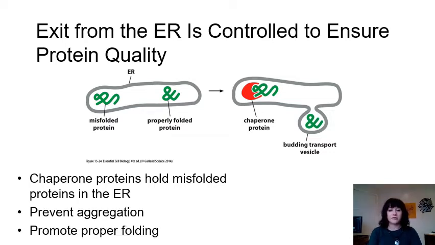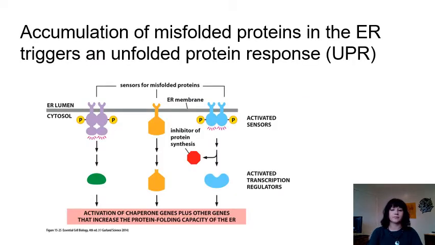And these chaperone proteins not only keep the misfolded protein in the endoplasmic reticulum, but they also direct refolding to help fix this protein. How that works is a system called the unfolded protein response, or UPR.